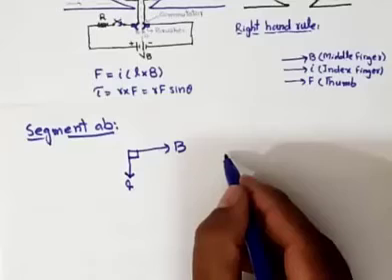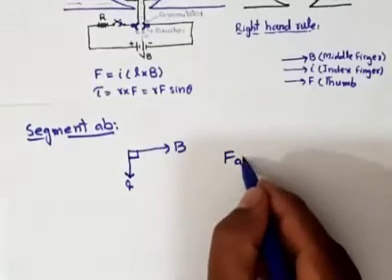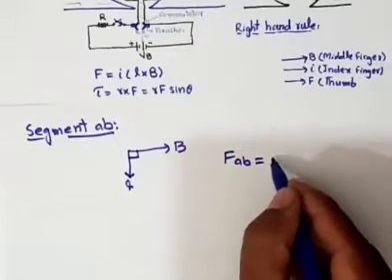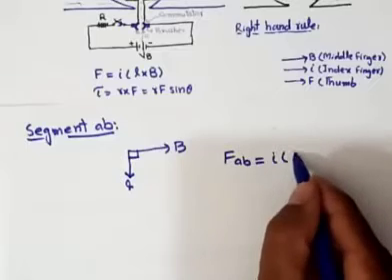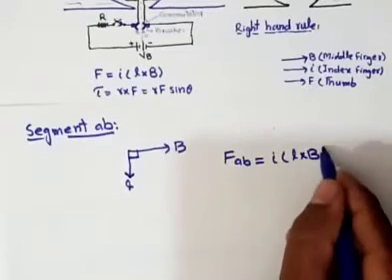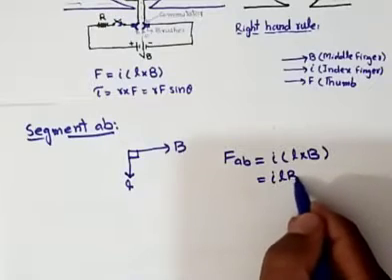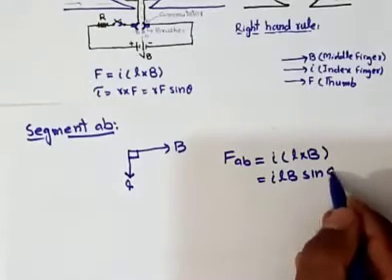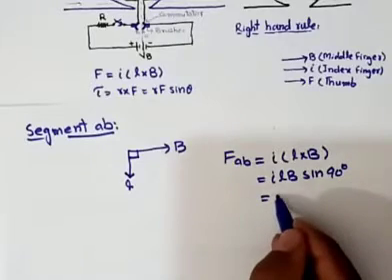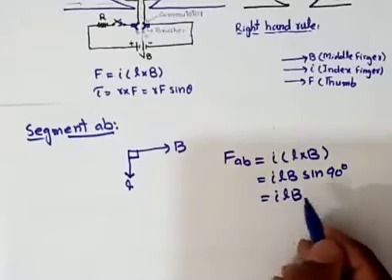Therefore, F_AB is equal to IL cross B is equal to ILB sine 90 is equal to ILB.